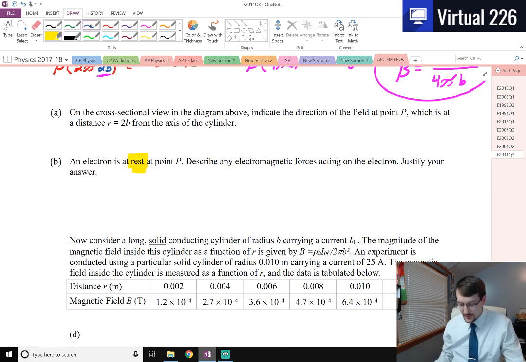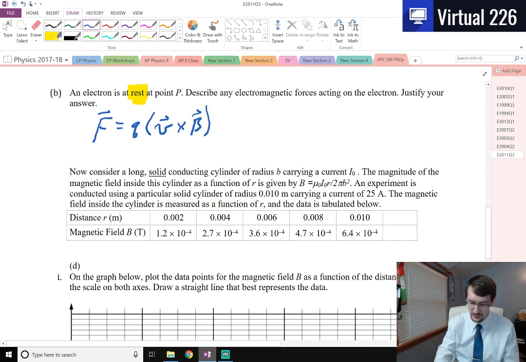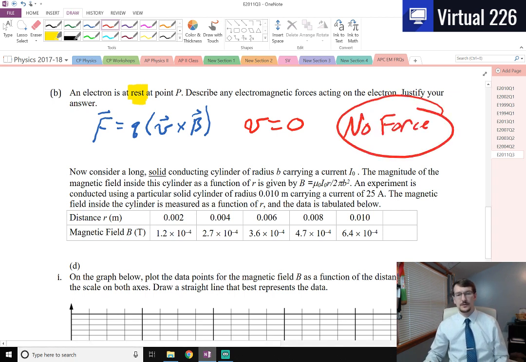If we look at a point charge acting in a magnetic field and what the force is acting on it, we know that F equals QV cross B. That was one of our right-hand rules. V equals 0 here. Anything multiplied by 0 is 0. So there is no force acting here.